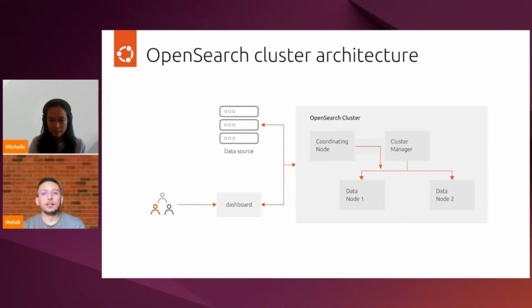Now, in order for these shards to be located and found when performing a query from the user, this is where the coordinator node plays a role. And this is the node that is effectively routing requests to the right node, either for search or for write and so on. So this is the node that is locating the specific piece of data that should be the target of a query or a request, and collects the results and returns them to the user.